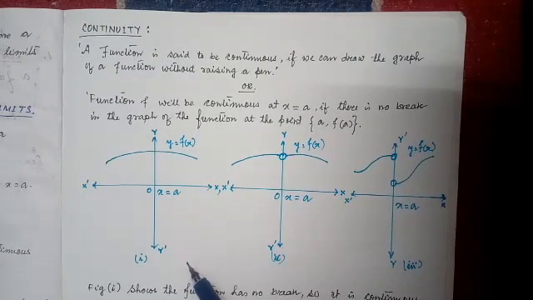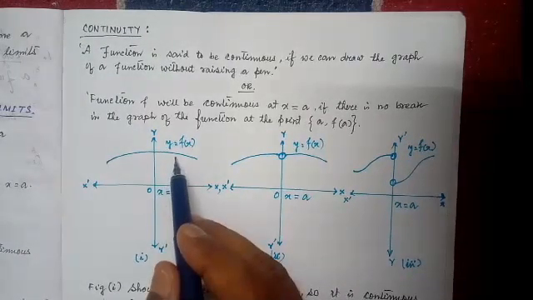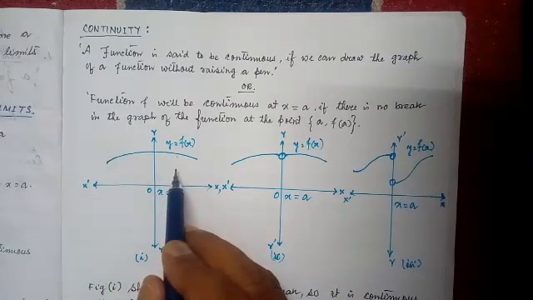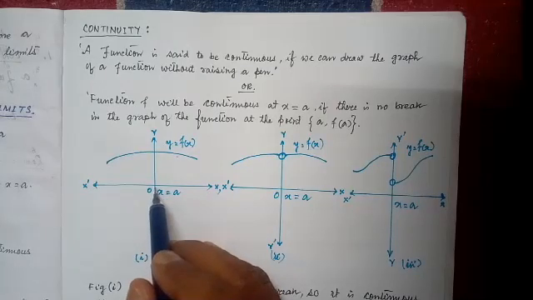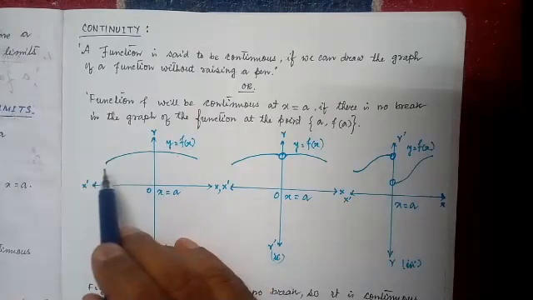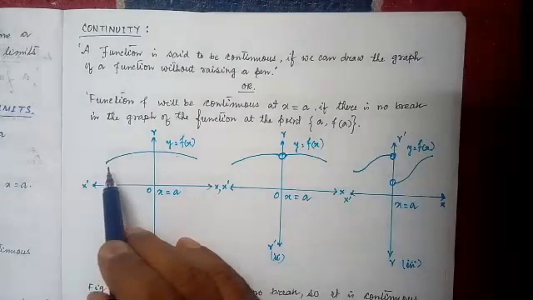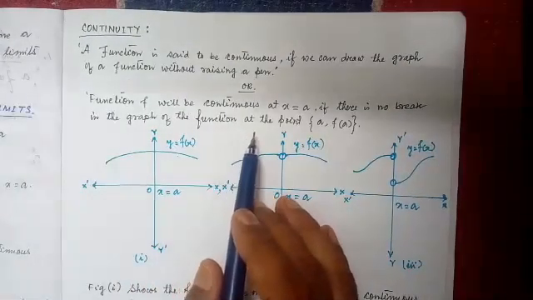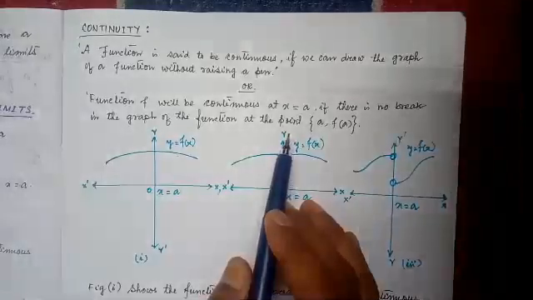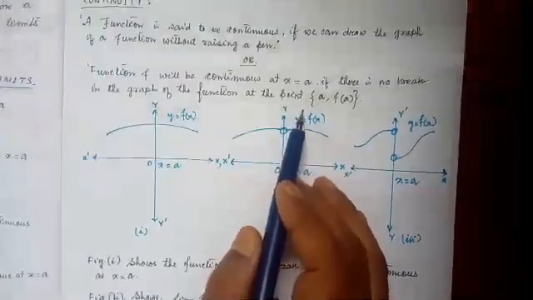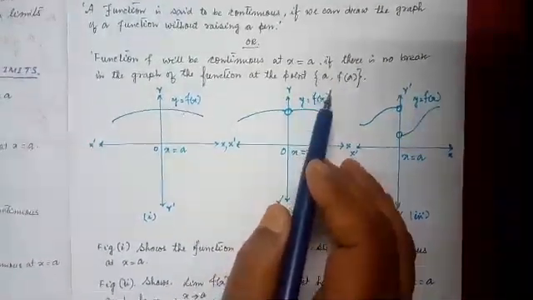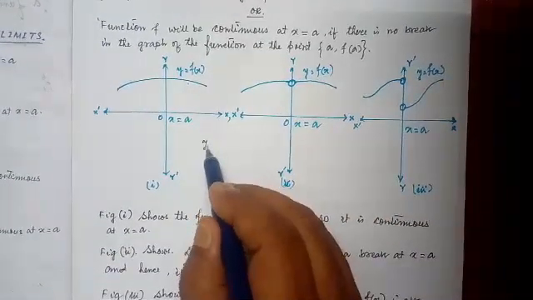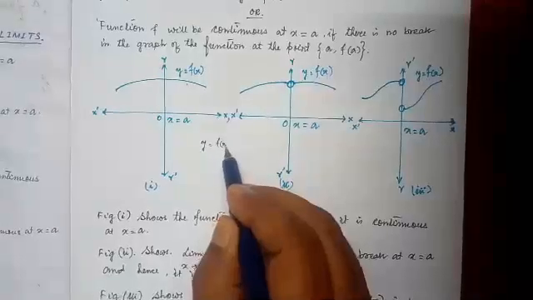Or another definition: function f will be continuous at x is equal to a if there is no break in the graph of the function at the point a comma f of a.